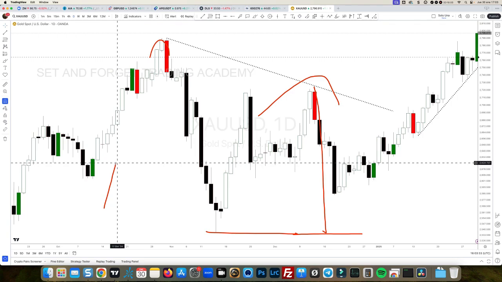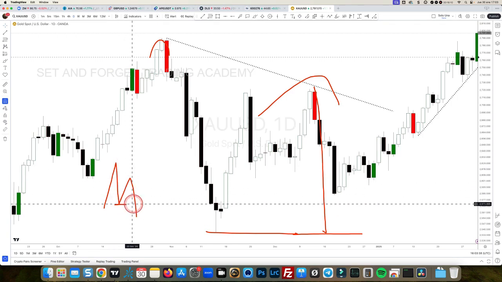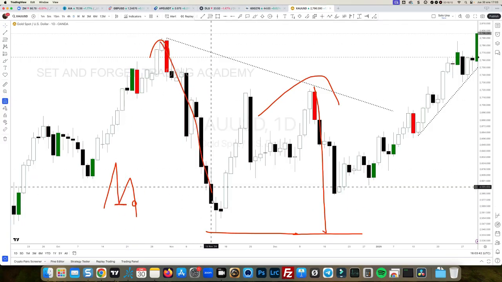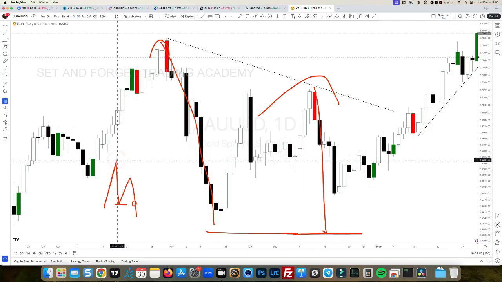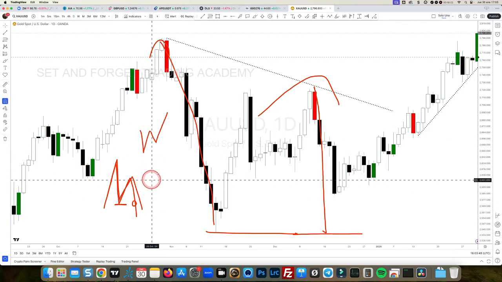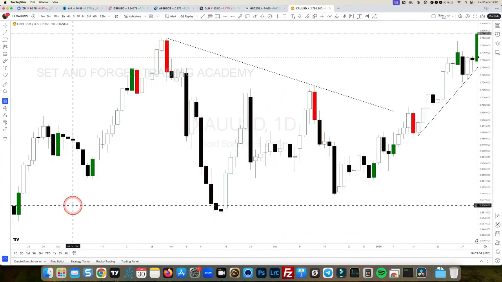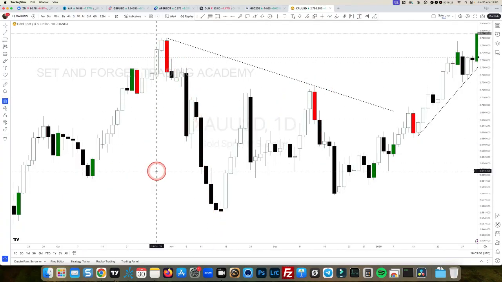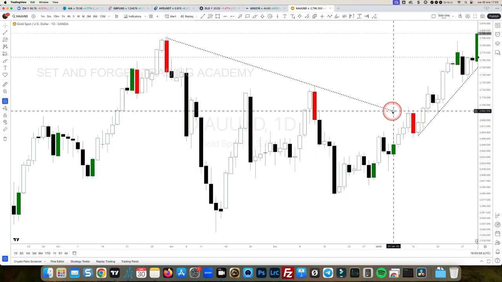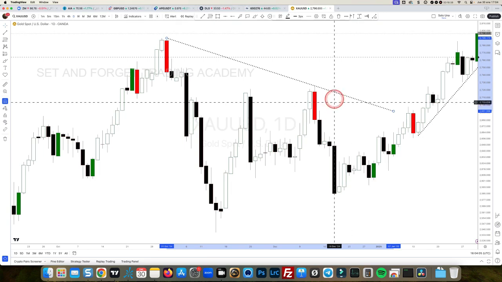Remember the rule: one peak like this, another peak like that, and the leg out of the second peak needs to break the low of the leg out of the first peak, forming a tilted M. Likewise for the bullish trend line. And it obviously doesn't happen like that. So when we take a look at this, we come to the conclusion that this is an invalid trend line.